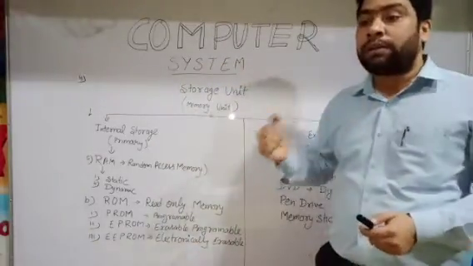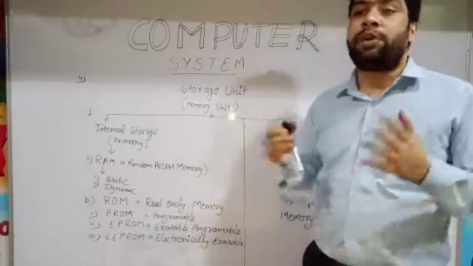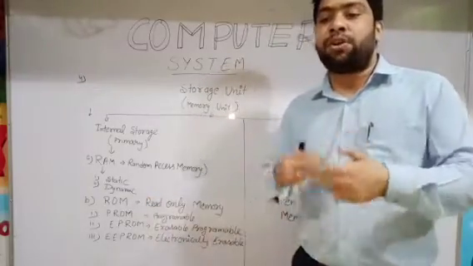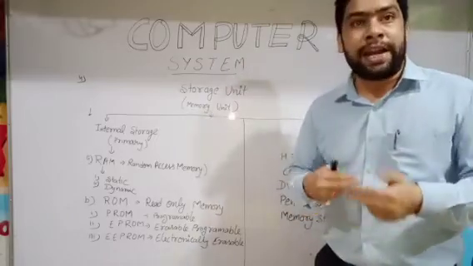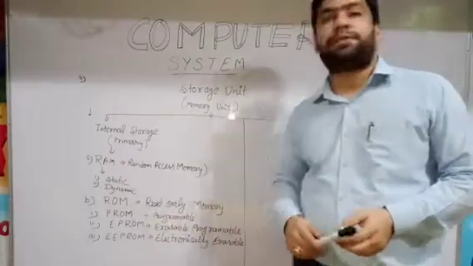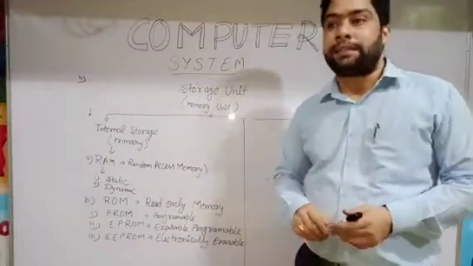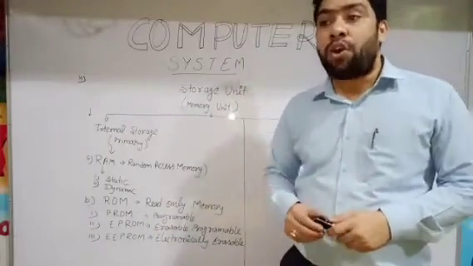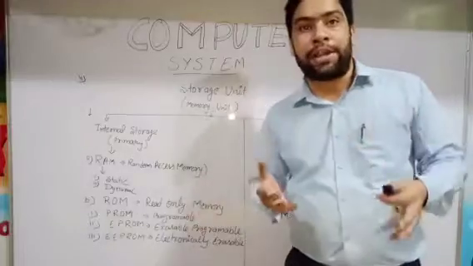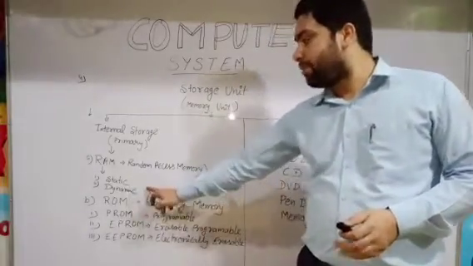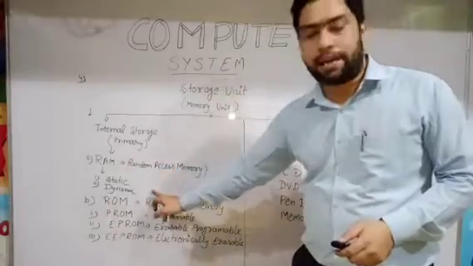Static RAM holds the data for a long period, while dynamic RAM changes or refreshes again and again. The refresh rate of this type of RAM is very fast. That's why the refresh rate always enhances the quality or processing style of the system. So there are two types of RAM, static RAM and dynamic RAM.